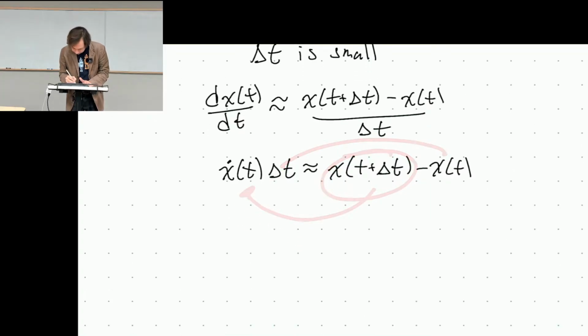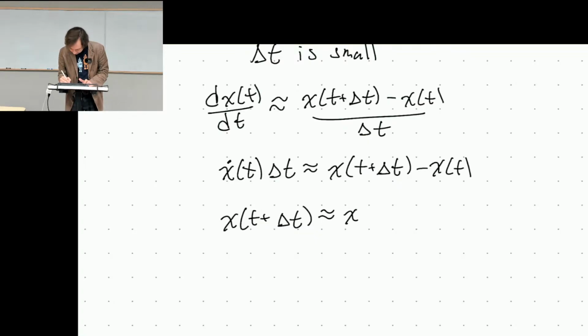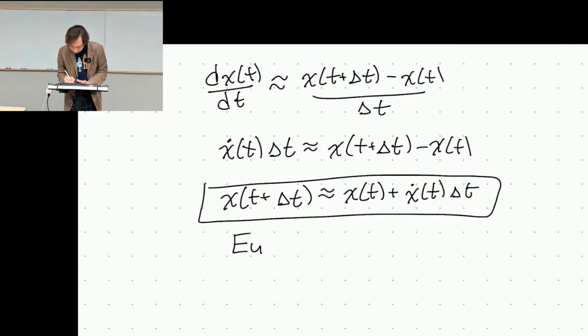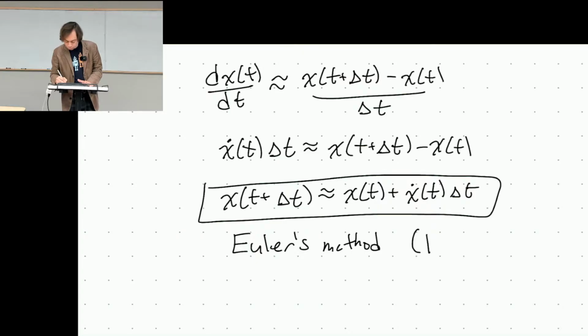So it's just going to be x of t plus delta t is approximately equal to x of t plus x dot of t times delta t. Boom. Okay? And this is called Euler's method. Some people call it forward Euler. There are a few names for it.